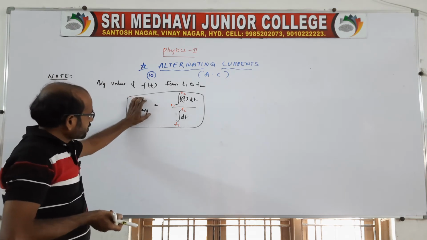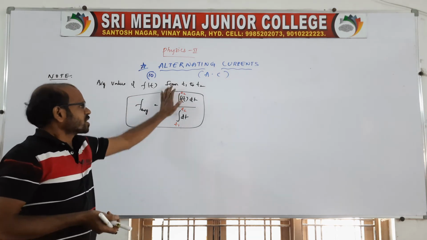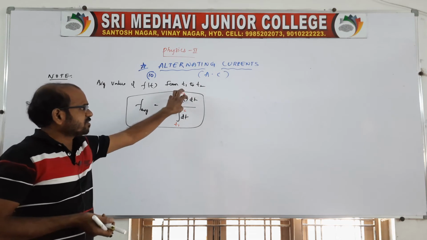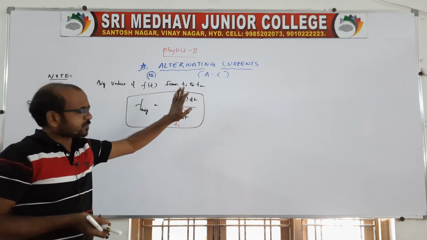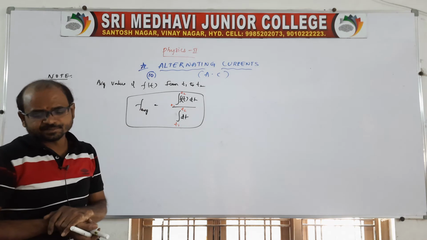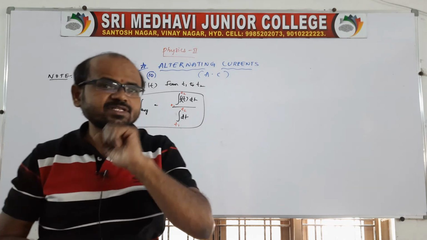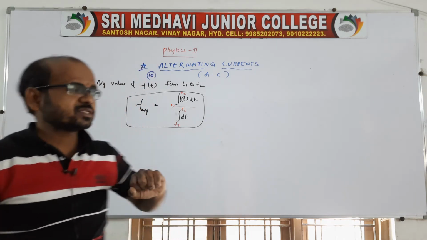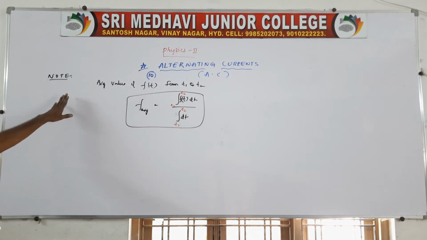The average value of the given quantity is equal to the integral of the given quantity times dt divided by the integral of dt. To get the average value, we should use the formula like this.